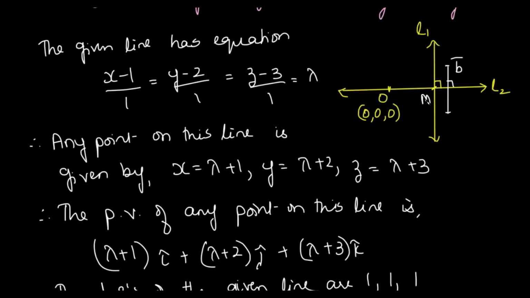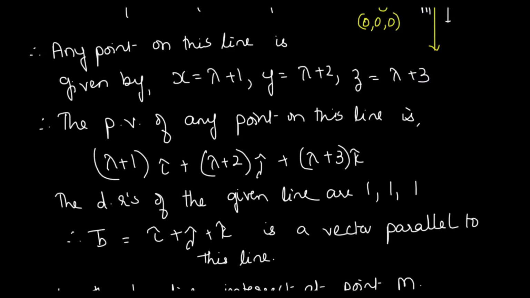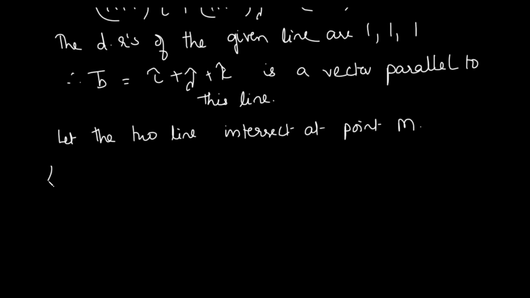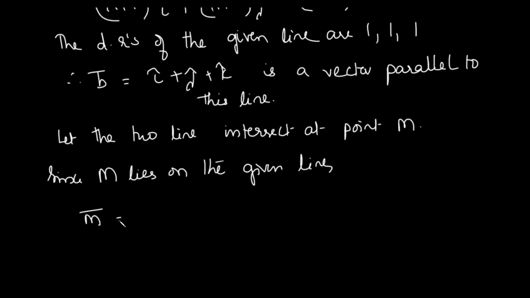So we write that fact over here. Since M lies on the given line, we say that the position vector M bar is equal to lambda plus 1 i plus lambda plus 2 j plus lambda plus 3 k.